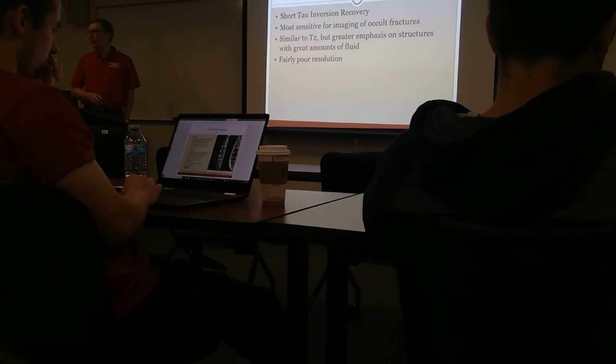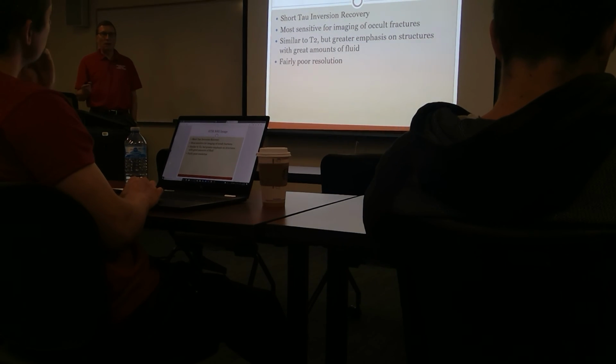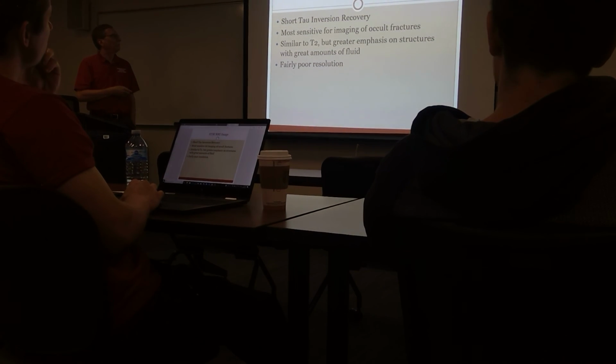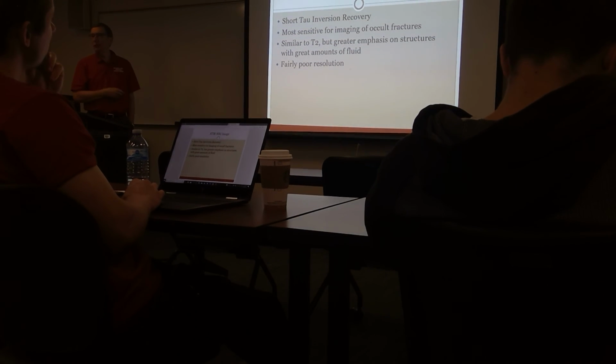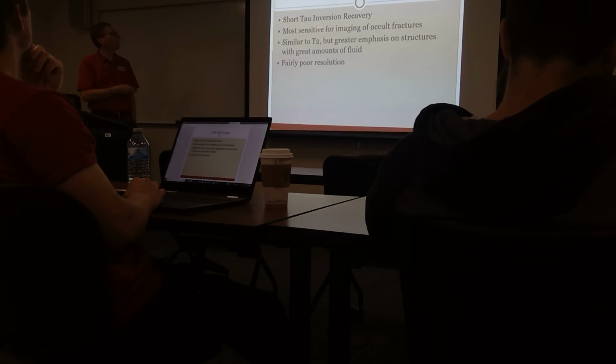And there are different types of MRI images. There's even more now, like 7 or 8 more that we're not going to talk about because we'll just get lost in the detail. Short tau inversion recovery is what STIR means. Tau being a type of wavelength. Short tau inversion recovery, most sensitive for imaging occult fractures.